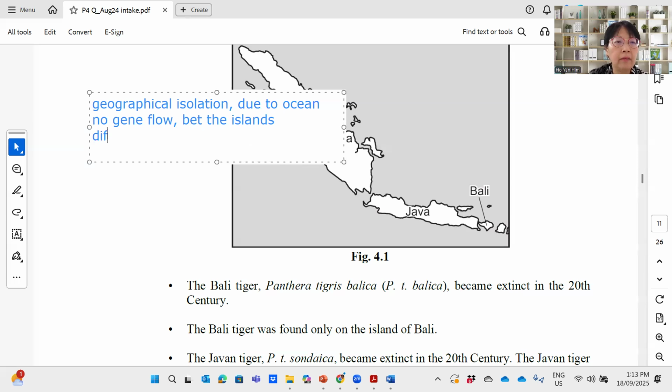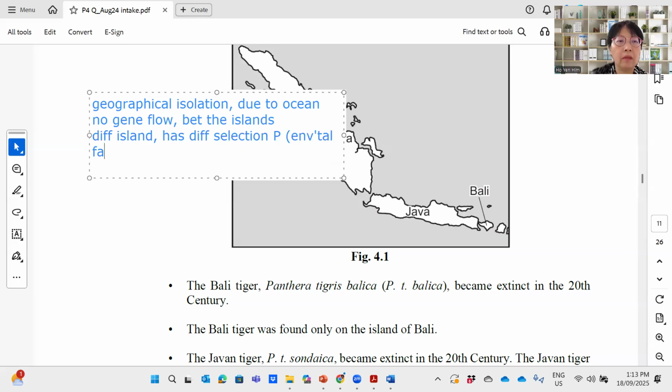So in different island, the different island has got different selection pressure. Okay, different selection pressure, which is actually the environmental factor. So you can also say environmental factor. Okay.